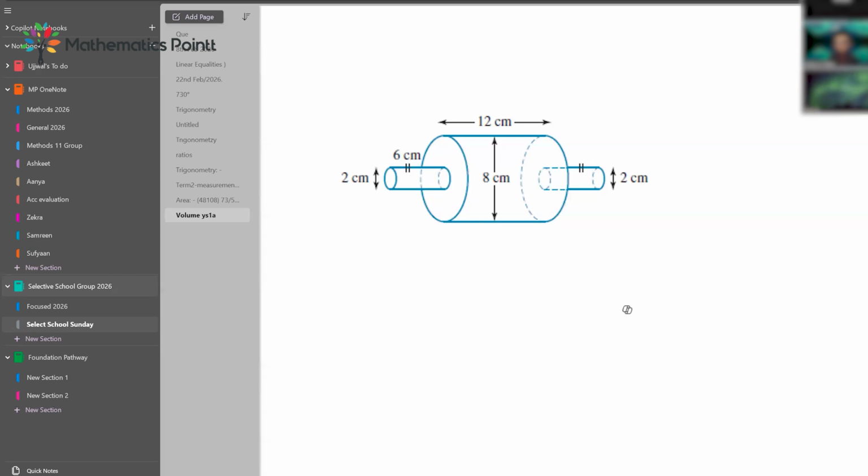Two hundred and four pi. 204 pi centimeter cube is what the majority of you are saying.